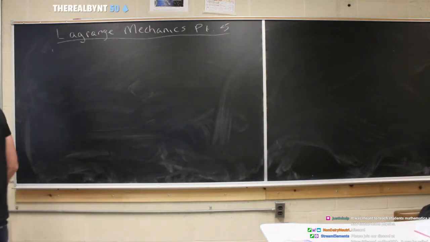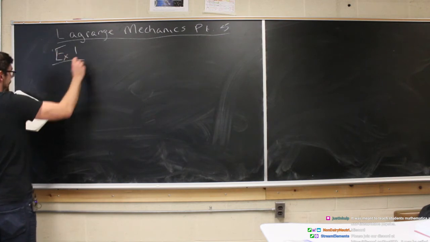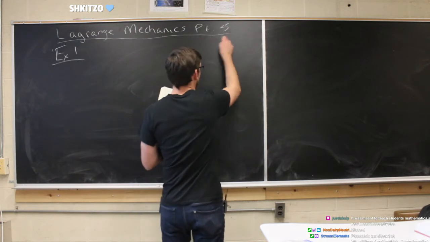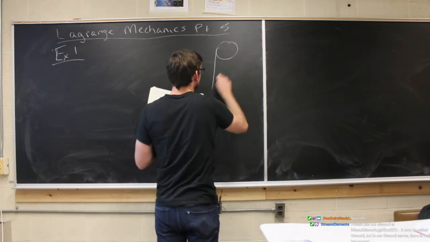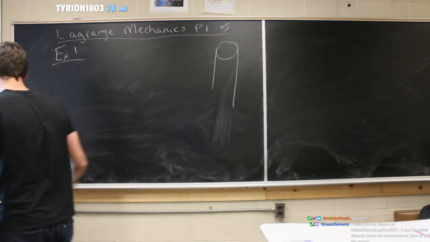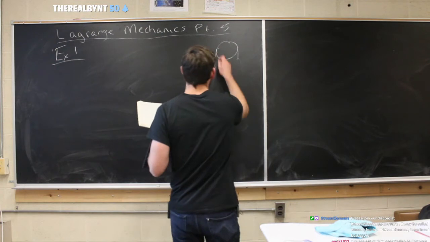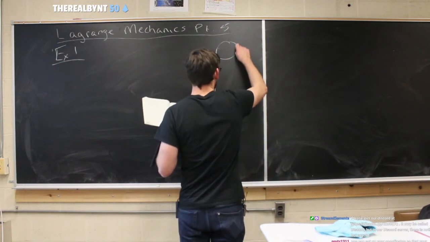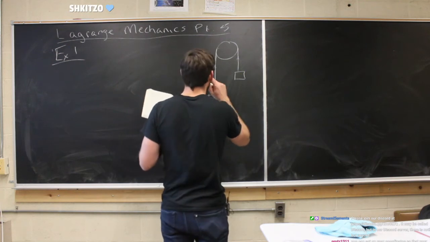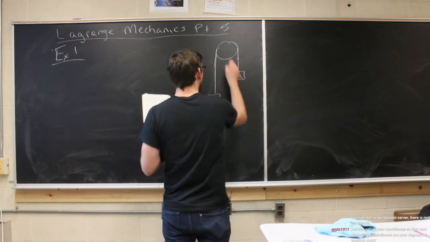The first example is an Atwood's machine. An Atwood's machine is you have, let's see, a frictionless pulley. Let's do the picture that's in my notes. We have a frictionless pulley with one rope and a couple of masses, M2, M1.